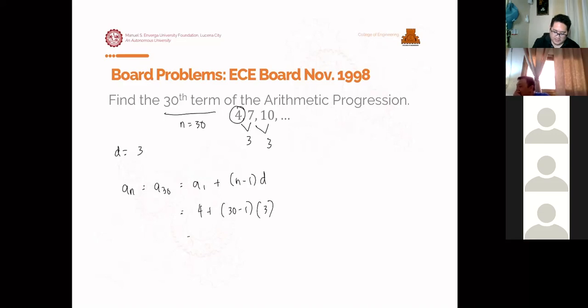So, 4 plus 29 times 3, plus 4. So, ang a30 natin o 30th term na hinahanap natin is 91. Okay? Nakabase lang naman po sa formula.